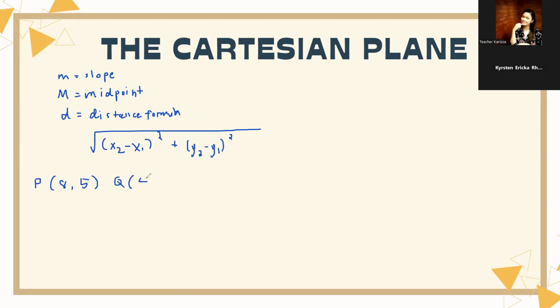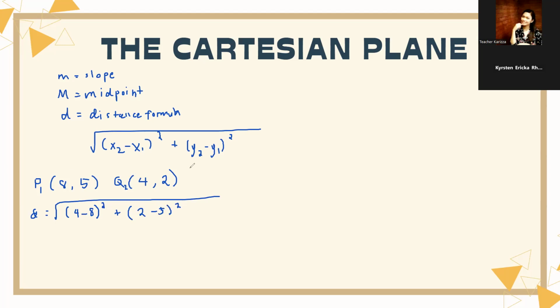So let's say we have 8, 5, and 4, 2. Okay? So we just plug in your values. So P is your set 1, Q is your set 2. So we have 4 minus 8 squared plus 2 minus 5 squared.